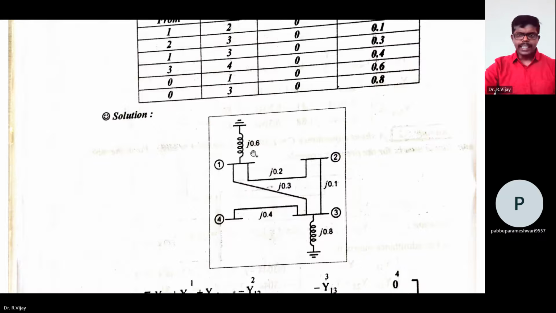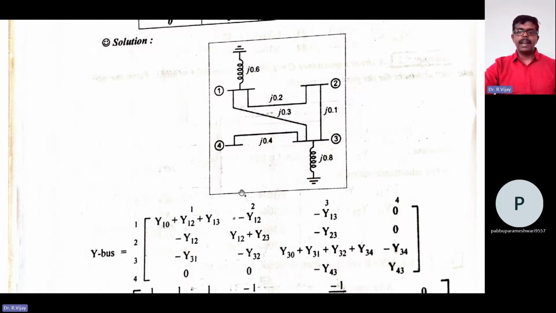Next, how to formulate the Y bus matrix. We have Y11, Y22, Y33, Y44 for node 1, node 2, node 3 and node 4, taking some reference. Whatever impedance is joining node 1, that is Y1.